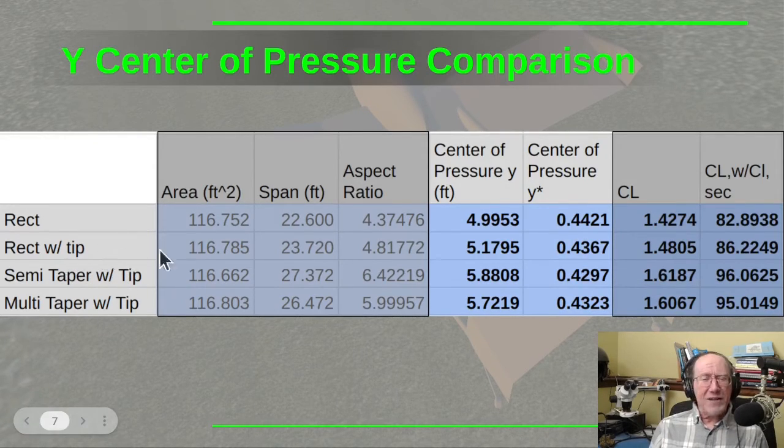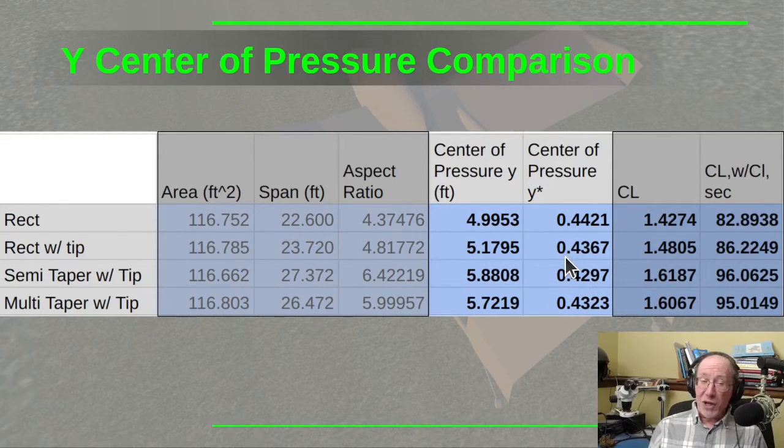Now on this rectangular wing, the tip is pretty large, so it made a fairly significant difference. On these other two, the tip is much smaller. Since the tip is 0.6 of the root chord, it didn't make as big a difference. But essentially, adding the tip moved that center of pressure out just a little bit on all three of these.